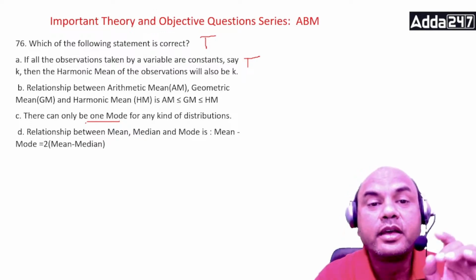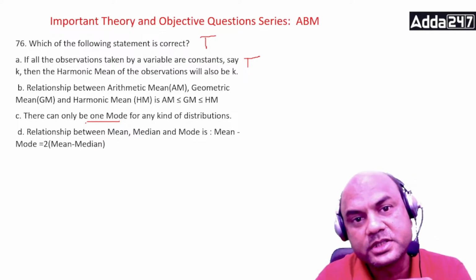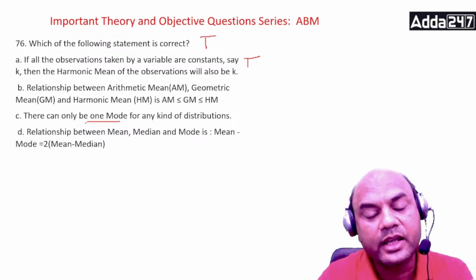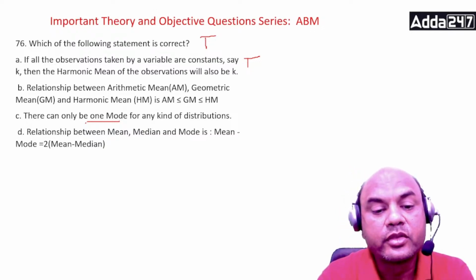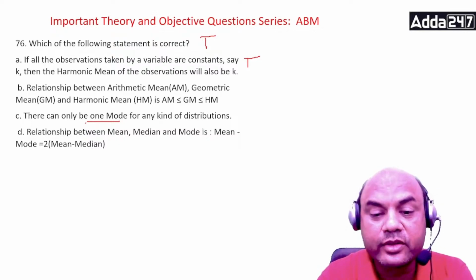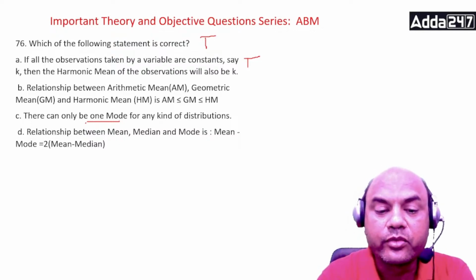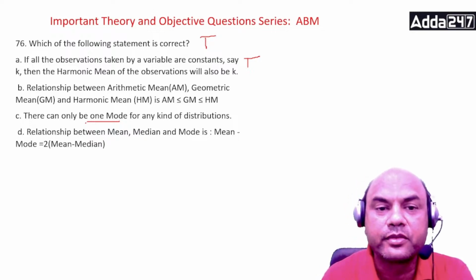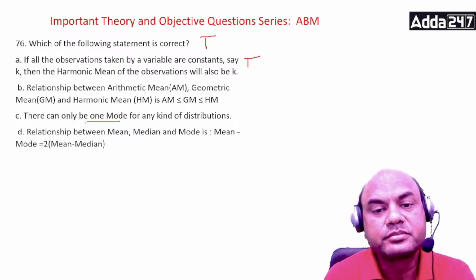ROR means reciprocal of reciprocals. So that is actually harmonic mean. So if all the observations are constant, that is k, then the harmonic mean of the observations will also be k.